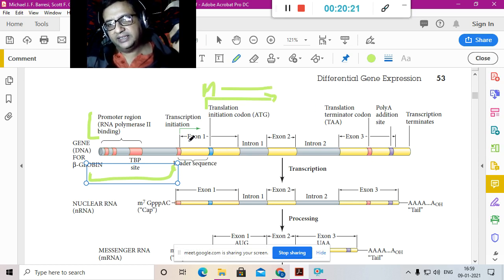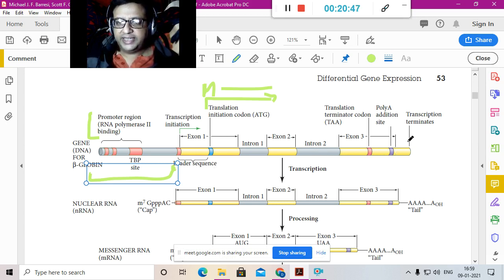Apart from that, this region which is transcribed remains later. It is known as exons, and there are also regions in between these exons known as introns, which are spliced out. They are removed after the transcription.